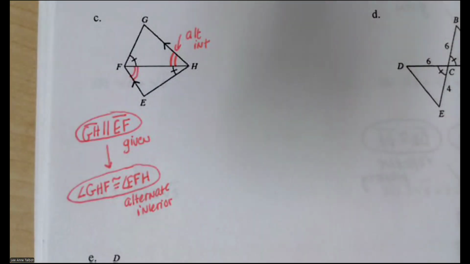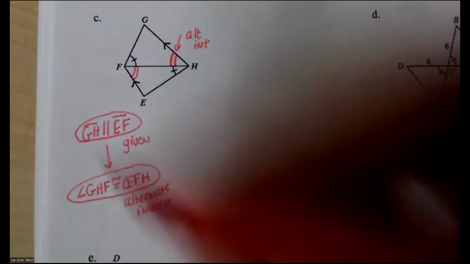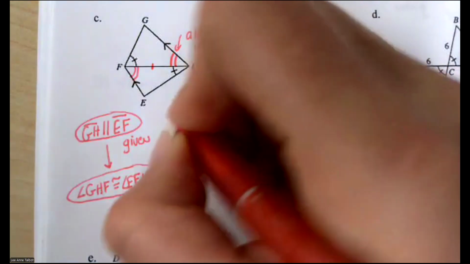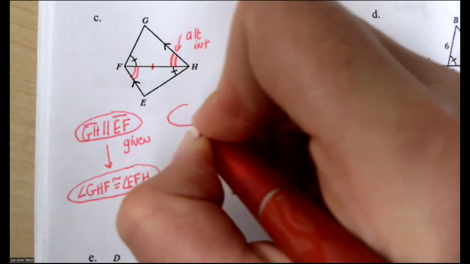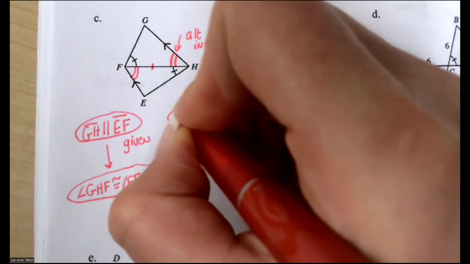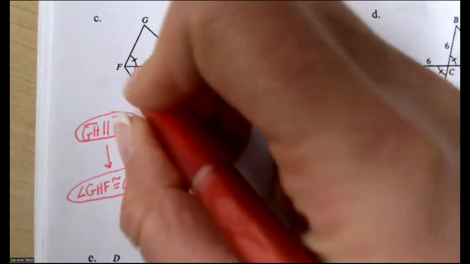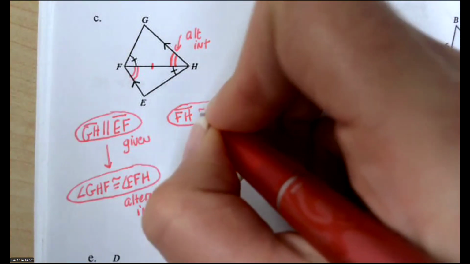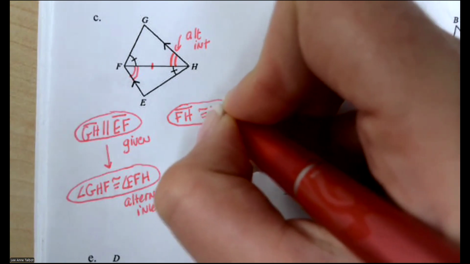Okay, does anyone see anything else on this picture? Beautiful. Reflexive. FH is congruent to HF.